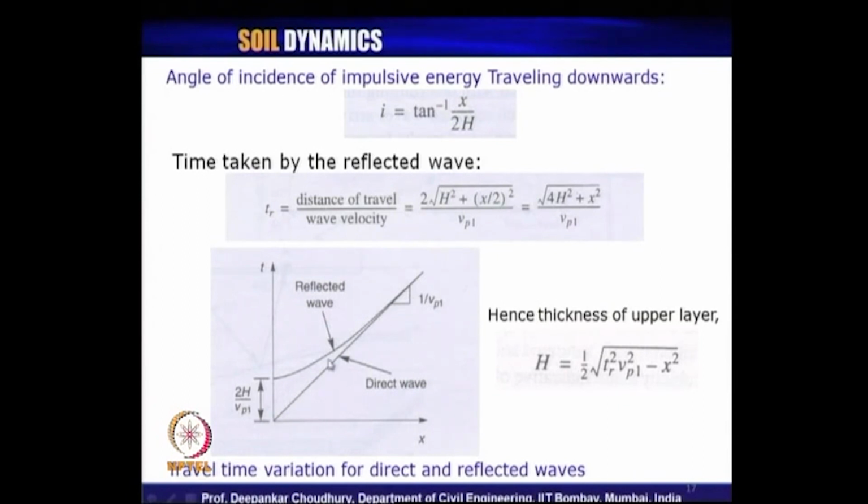That is, for the direct wave and reflected wave, when the slopes of the two curves match, that slope will give us the value of VP. And then using that, since this value is known to you, you can compute the thickness of the upper layer.